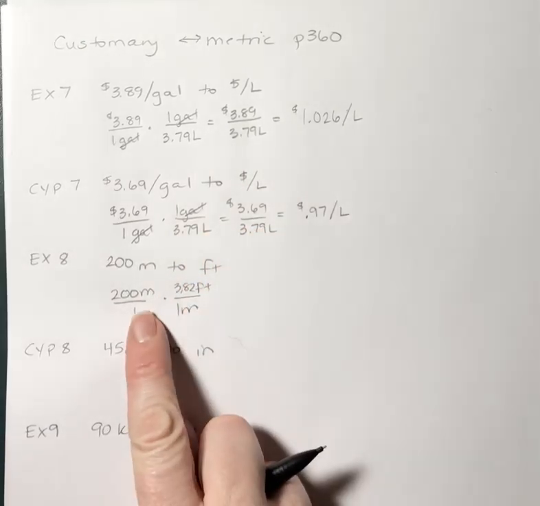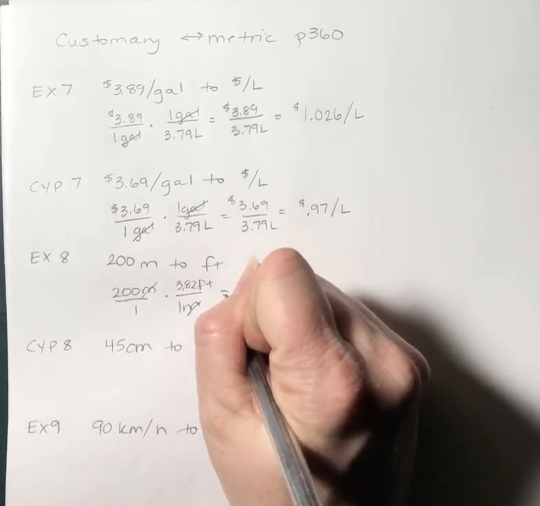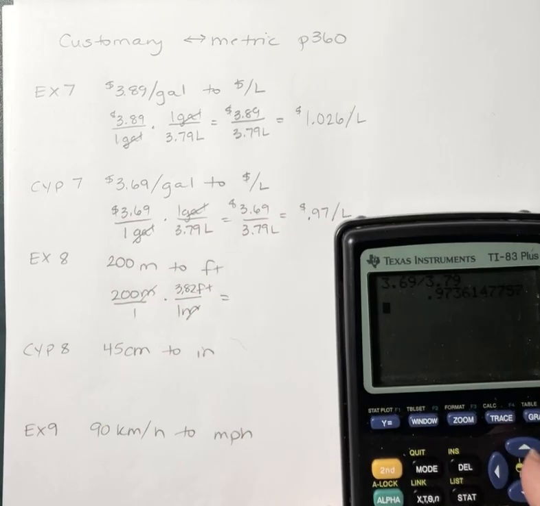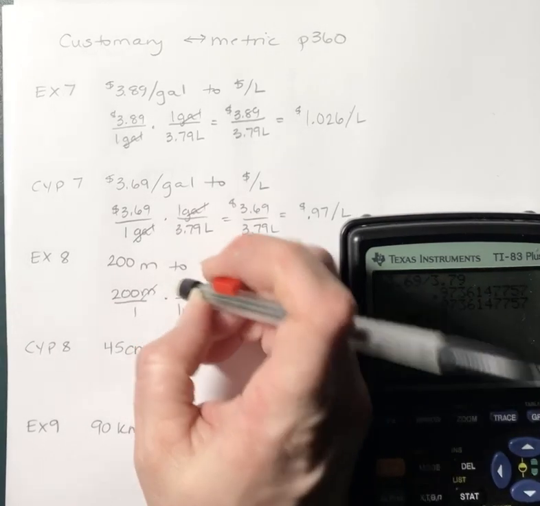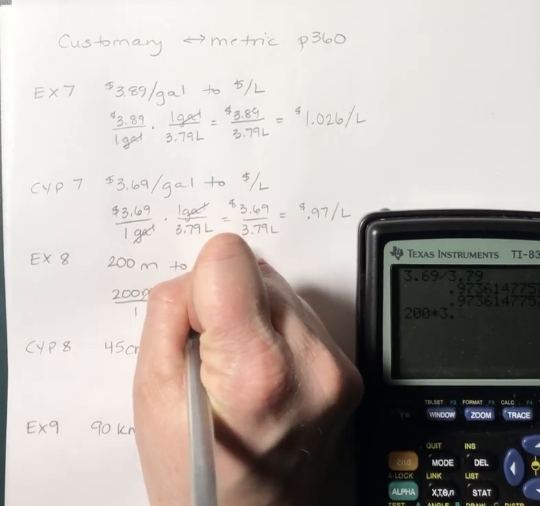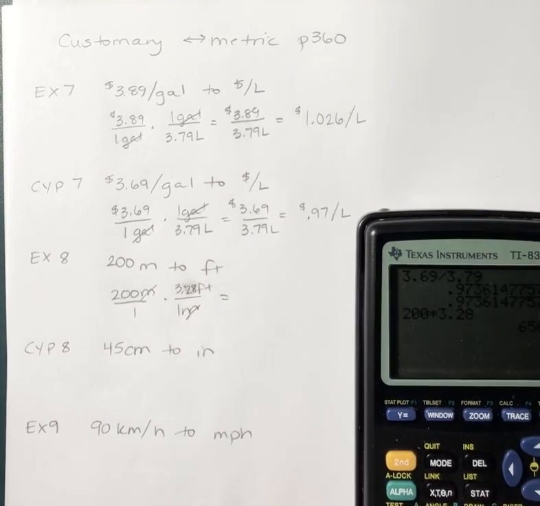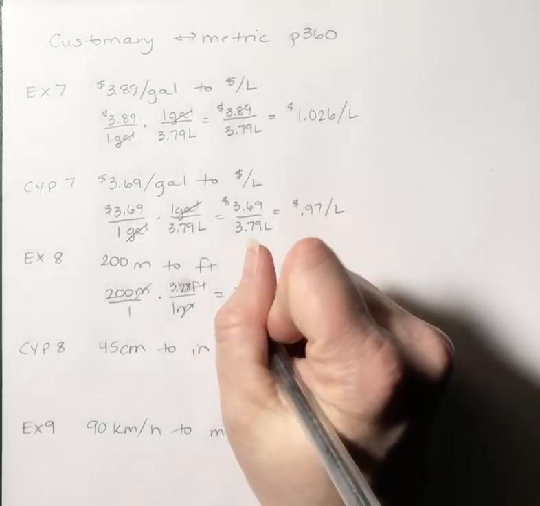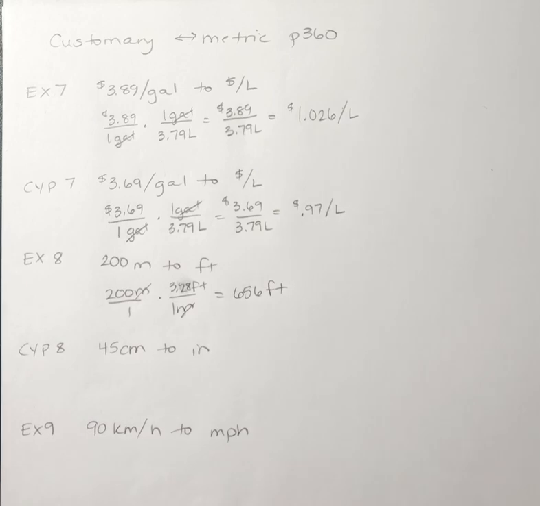So my meters are on top here, so I put them on the bottom here. And I multiply straight across. So I take 200 times 3.28. Glad I caught myself on that one. So 656 feet.